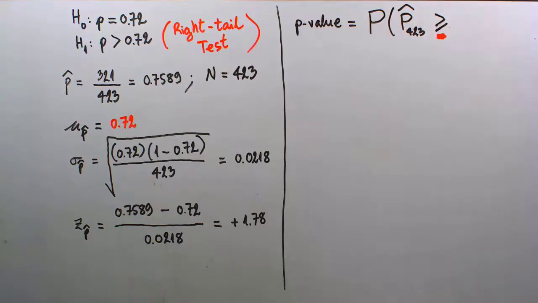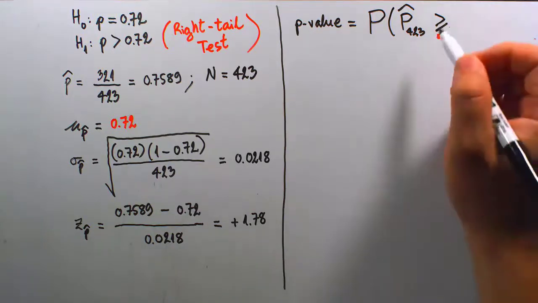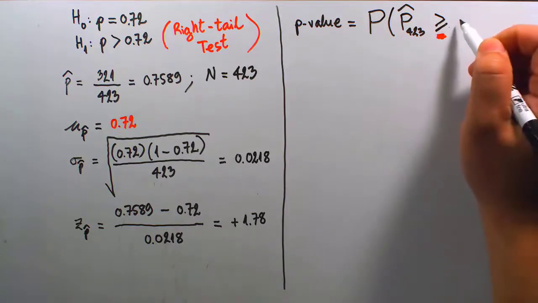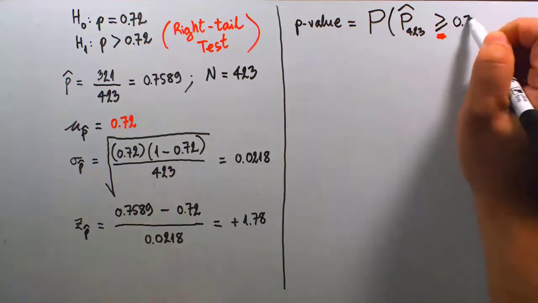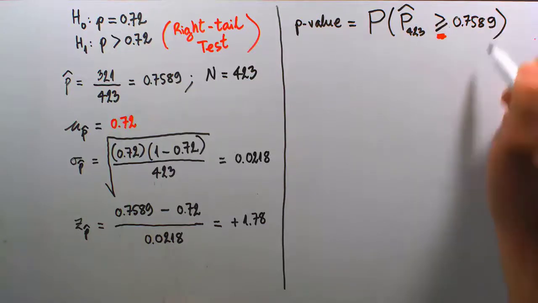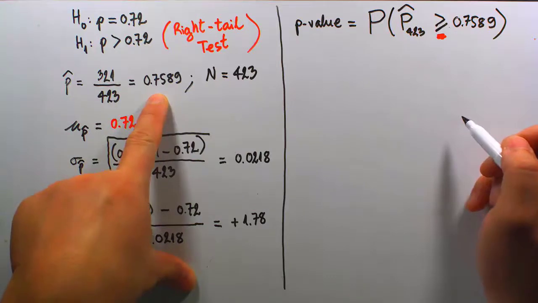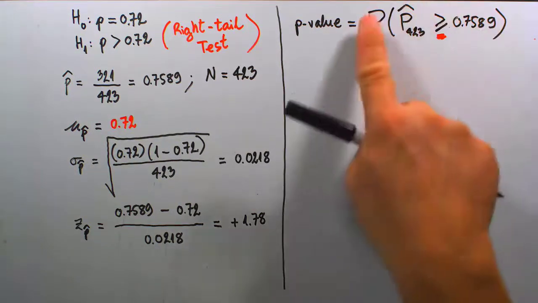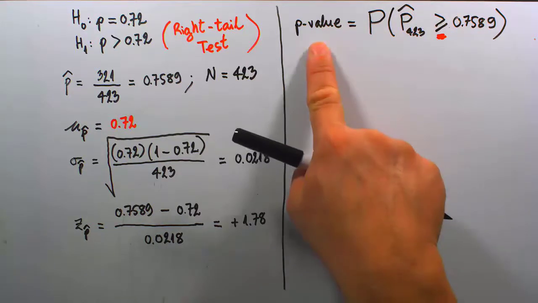And I want p hat sub 423 to be greater than or equal to 0.7589, our sample value that we have obtained. So this formulation is the calculation step for our p-value.